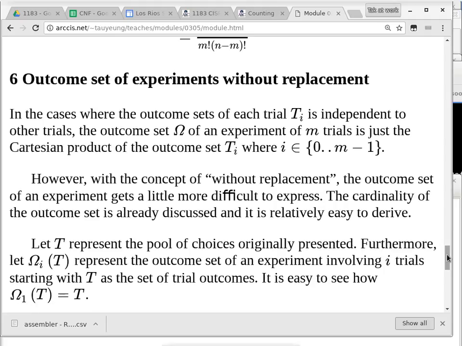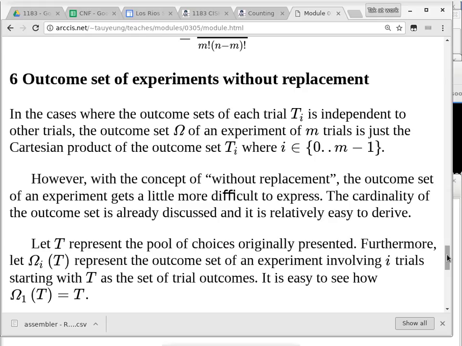So this part is a little bit cumbersome, because instead of just trying to figure out the number of outcomes in the case of without replacement, I want to figure out what is exactly in the outcome set after an experiment that is without replacement.